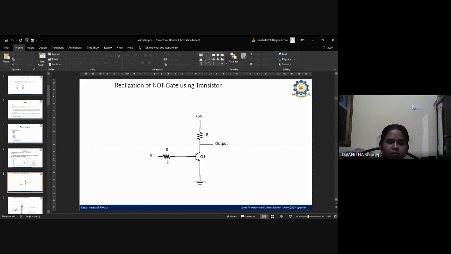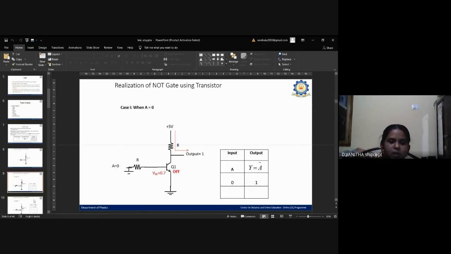The transistor used for the design of the NOT gate depends upon the transistor switching speed. There are three modes of transistor operation: active, saturation, and cutoff.